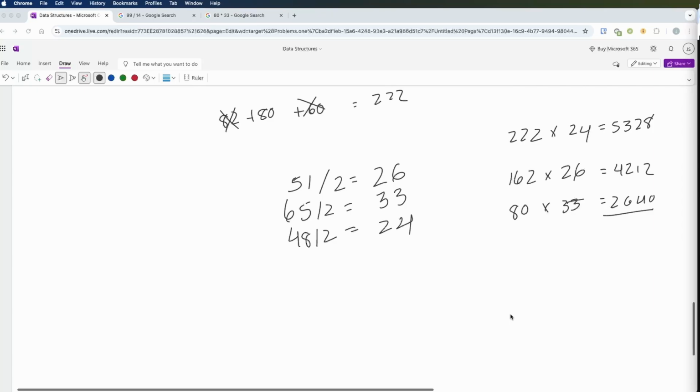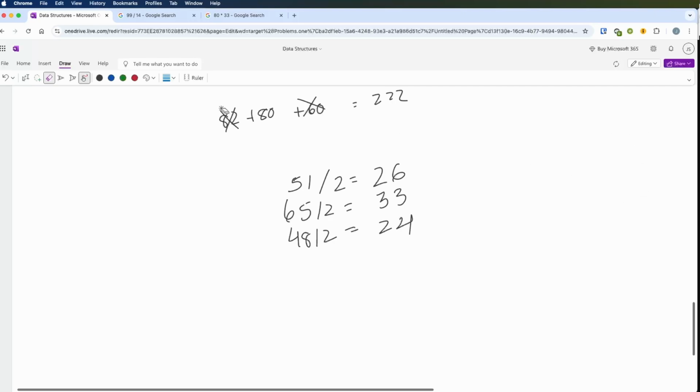So maybe what we want to do is the same thing, right? Okay. So our total, plus 60. So if we do 82 first, so we'll do 222 times 26.